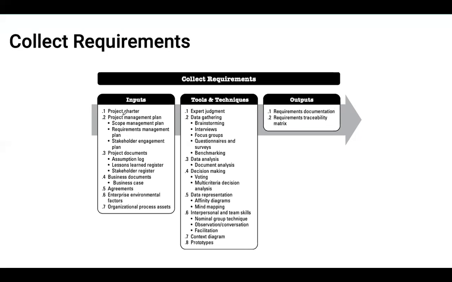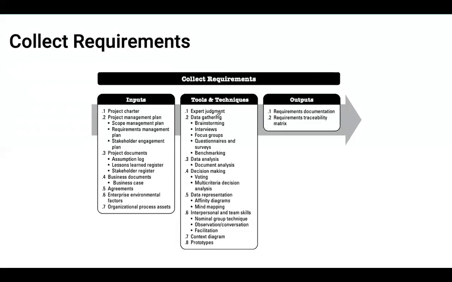Already, we have the requirements management plan as another input, and the stakeholder engagement plan, because stakeholders are going to be individuals or groups who are going to be defining the requirements. Then the assumption log, lessons learned, and stakeholder register are critical inputs, the project documents that are required for this. And then the rest is documentation that might be of lower value but is still required and needed.